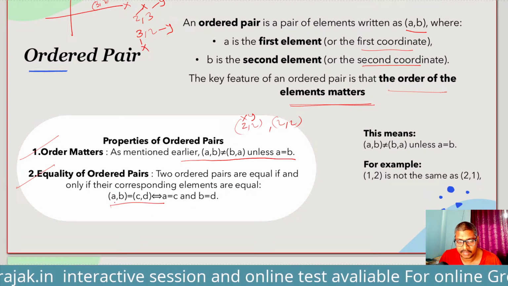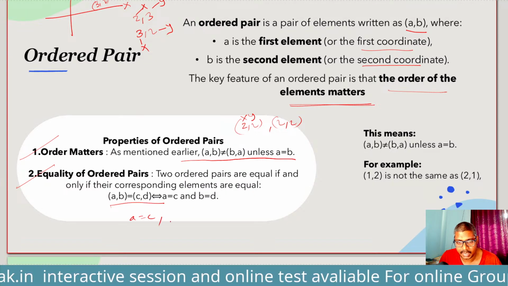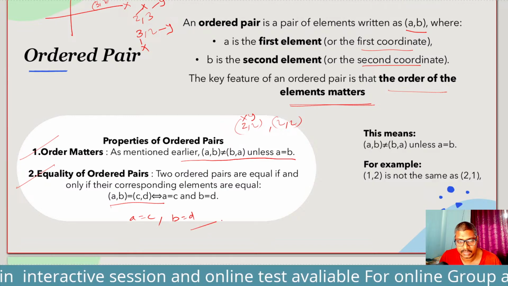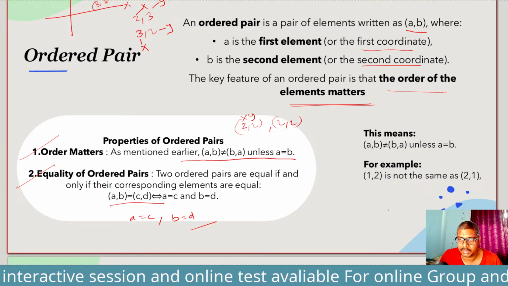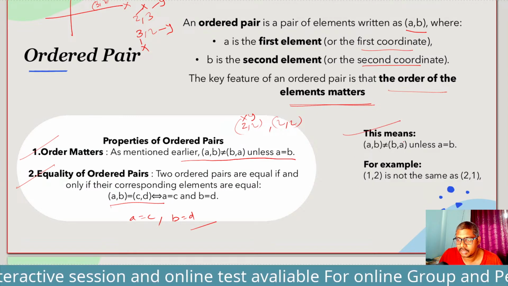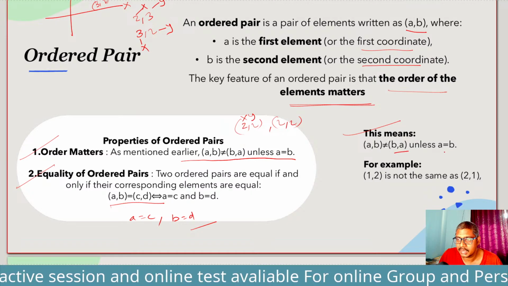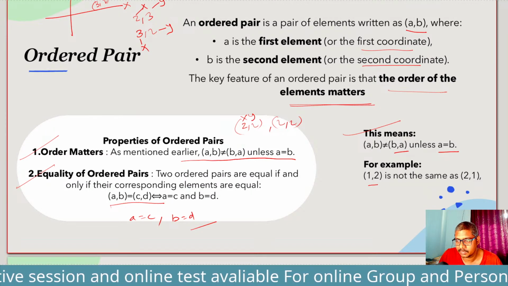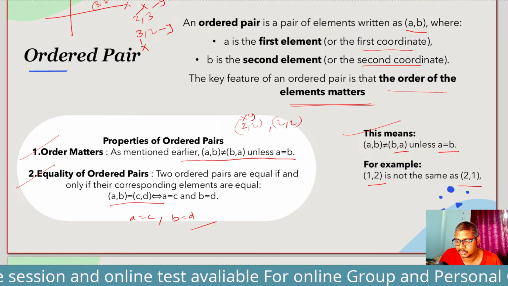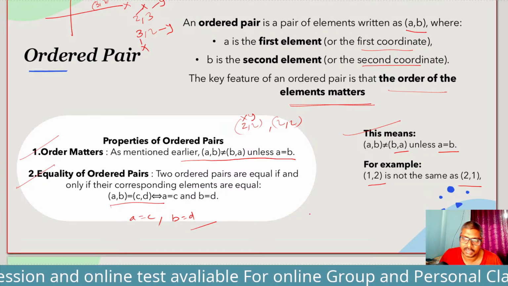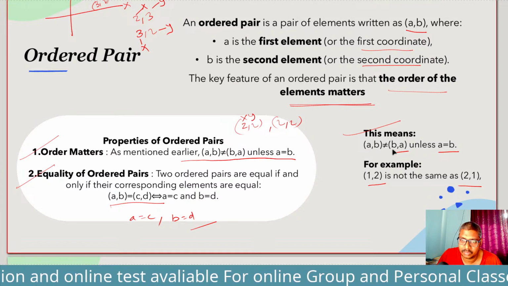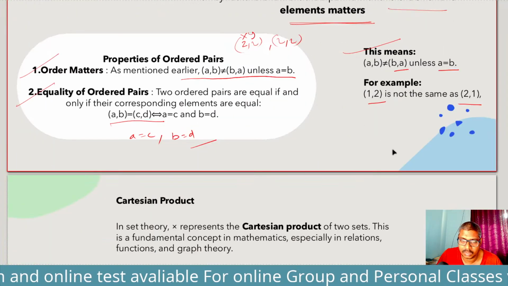If A equals C and B equals D, then the ordered pairs are equal. For example, (1, 2) is not the same as (2, 1), and definitely 1 cannot equal 2.